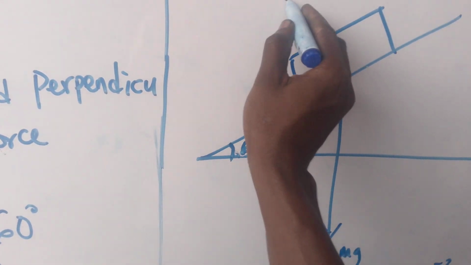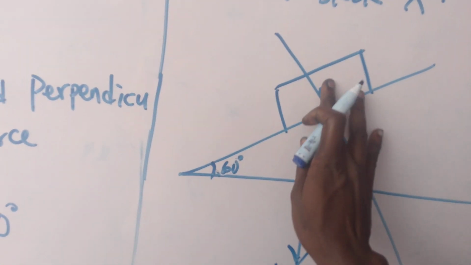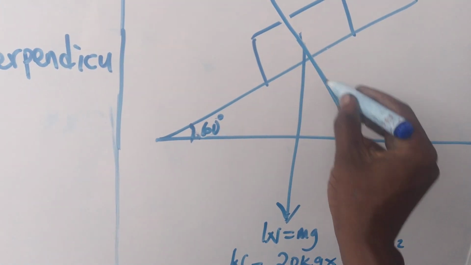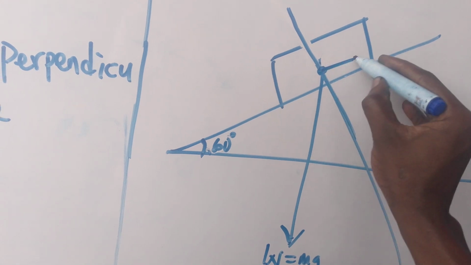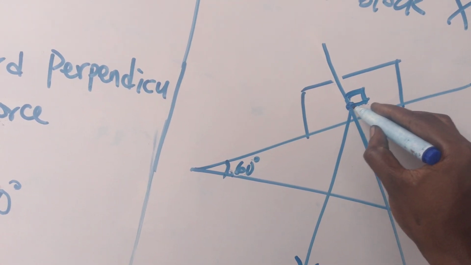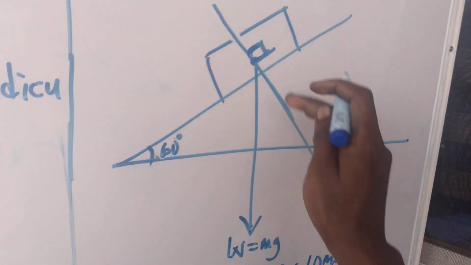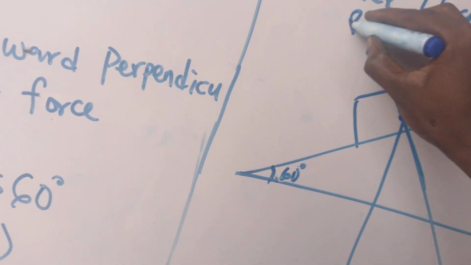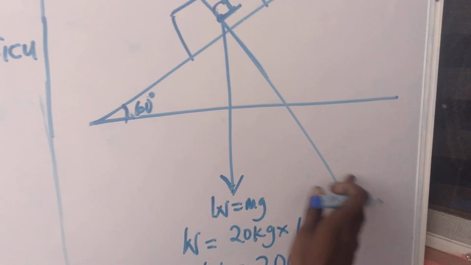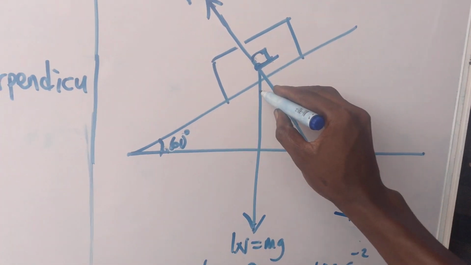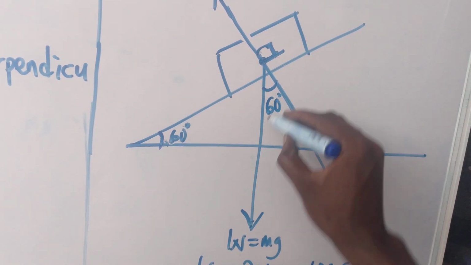Then I'll look for the normal reaction. The normal reaction will act at 90 degrees to that surface. At angle 90, I have my normal reaction arrow. If here is 60 degrees, this angle here is also 60 degrees.